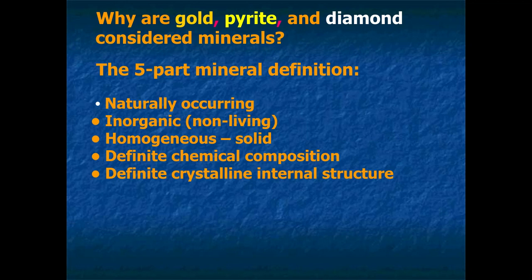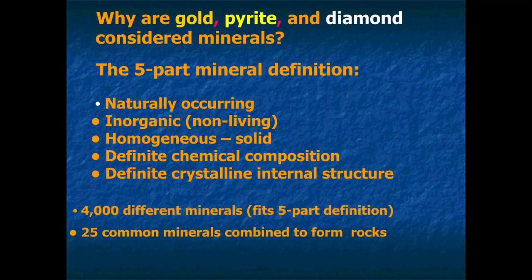And we looked earlier at some of the pictures of elements, and you noticed that there was an orderly pattern of atoms that combined together, some internal geometry associated with it. So to be a mineral, it's got to have that internal structure. So it has to be naturally occurring, inorganic, homogeneous, definite chemical composition, and definite crystalline internal structure.